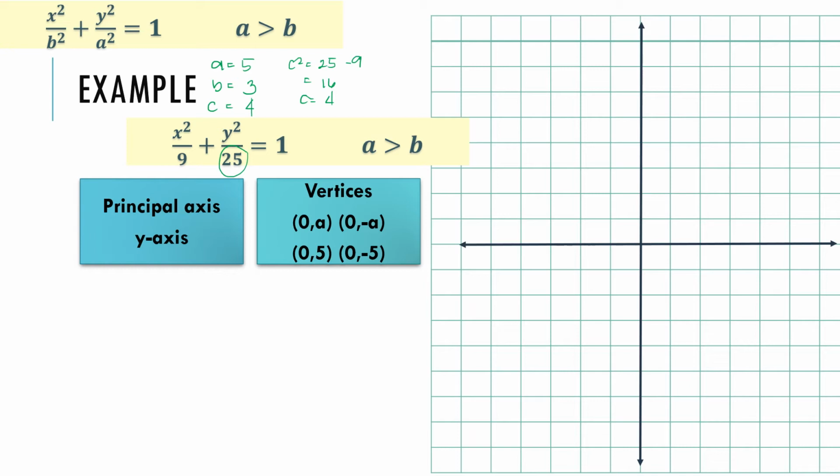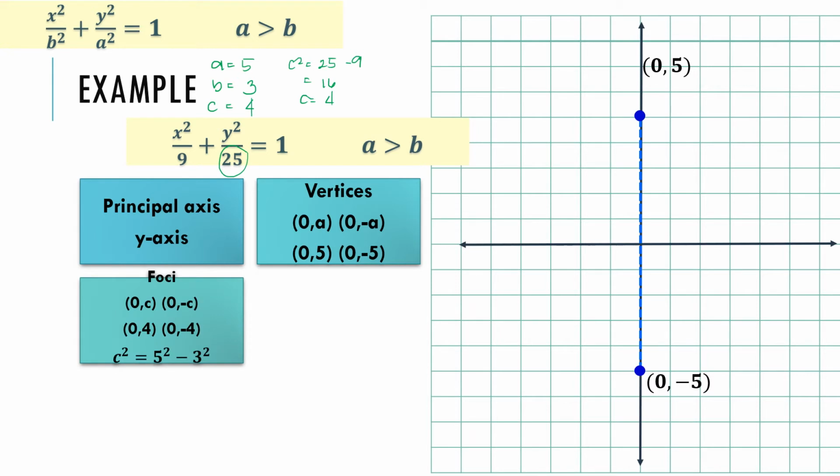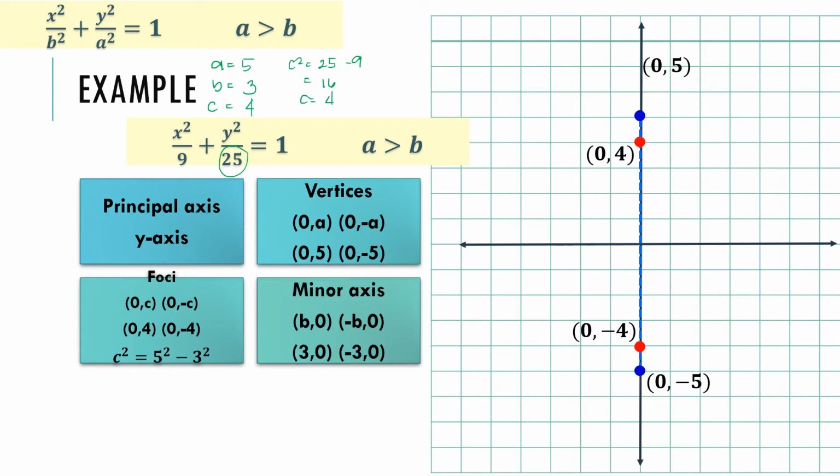Next, vertices natin, 0, A and 0, negative A. So we have 0, 5 and 0, negative 5. Next, foci. Si foci ay C. So we have 0, 4 and 0, negative 4. Lagi niyong tatandaan si vertices and si foci ay palaging magka-align.